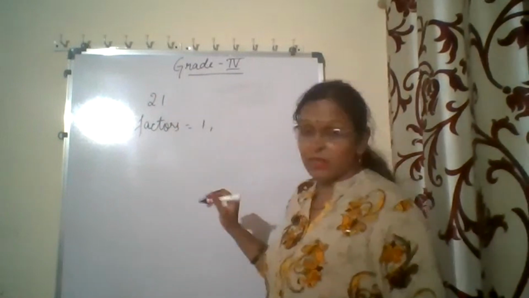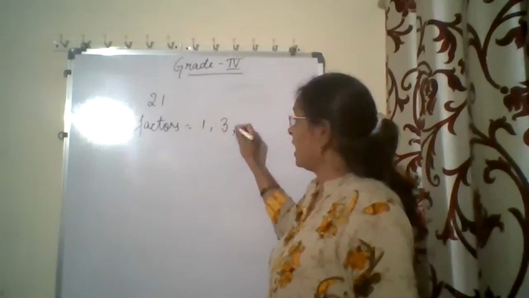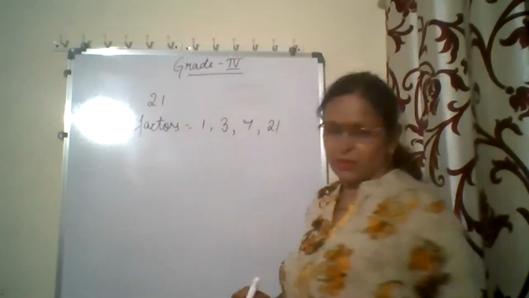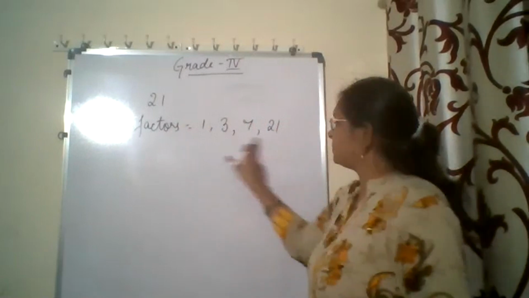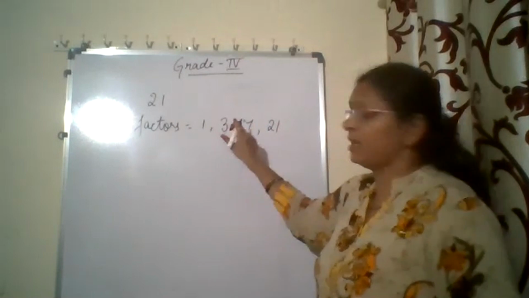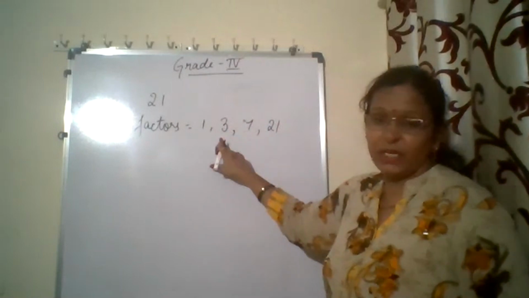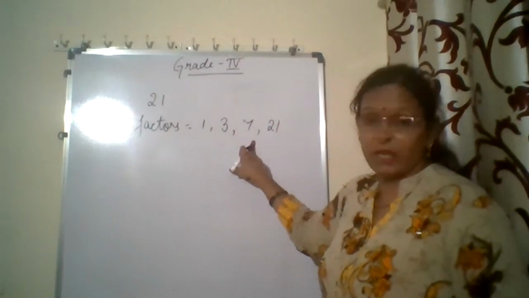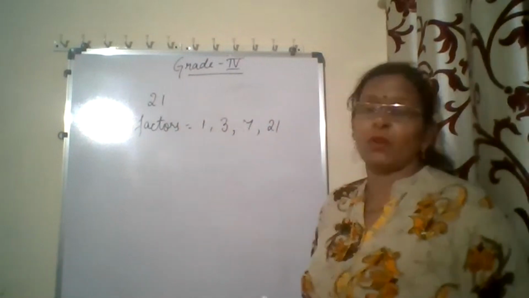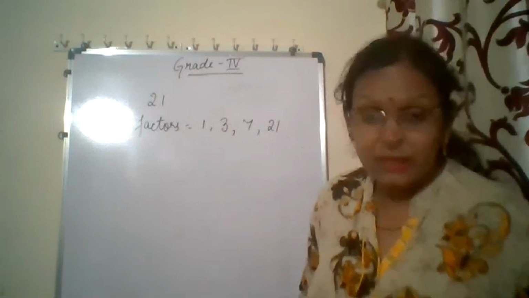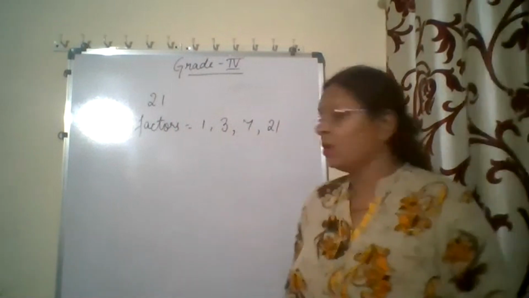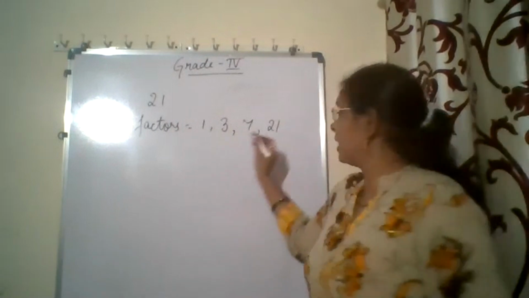Now it comes in the table of 3: 3 sevens are 21, so both 3 and 7 will come. Then 4, in 4's table it is not coming, 5 not, 6 not, 7 yes, we have written 7, 8, 9, 10 no.